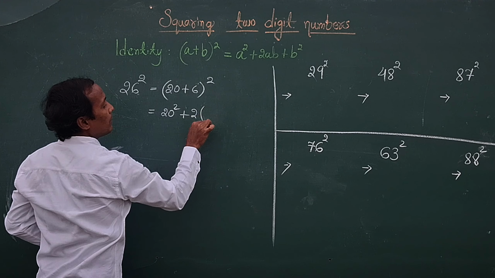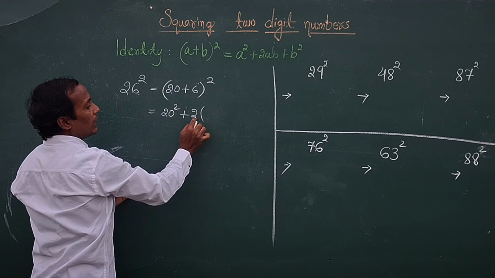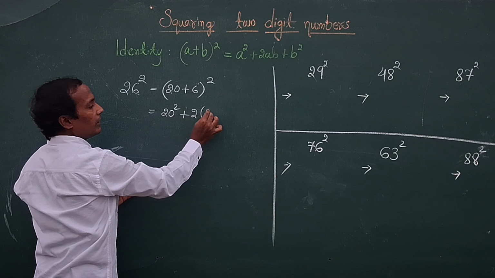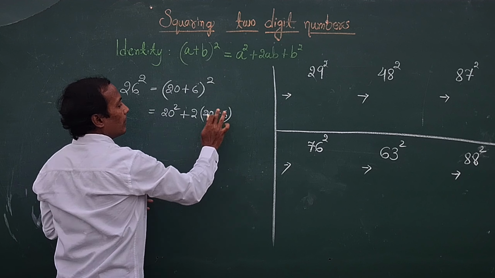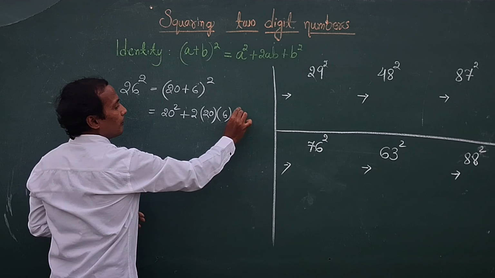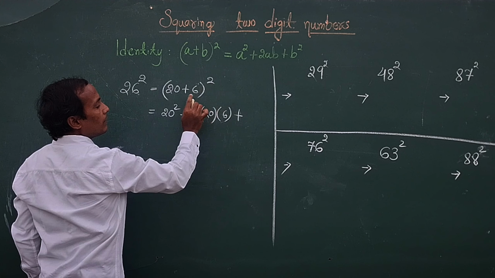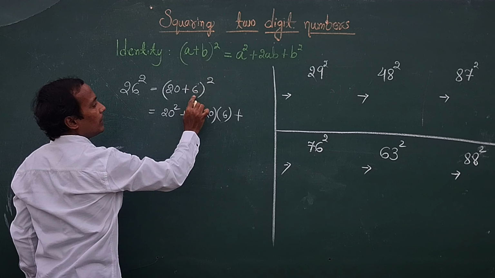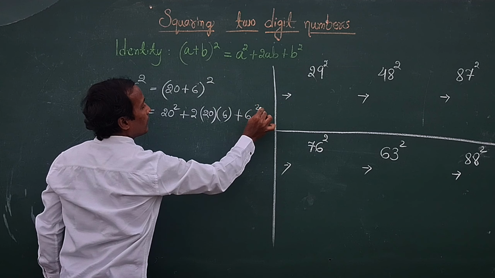So 2 multiplied by a and b. Here 2 I have written already. Who is in place of a? 20. And 6 is b. Now it is 2ab plus b square. So who is in place of b in this place? Here in place of b I have 6. So square of b, means square of 6, I will write here.